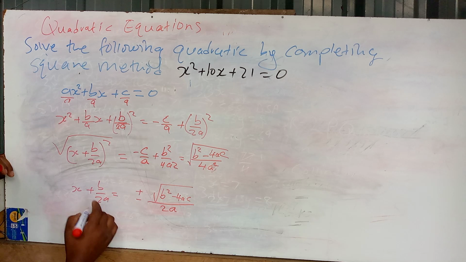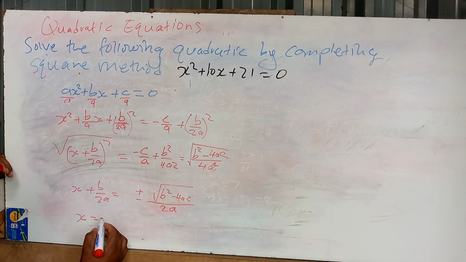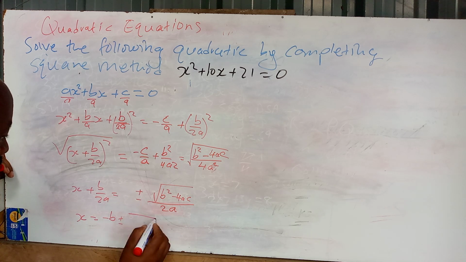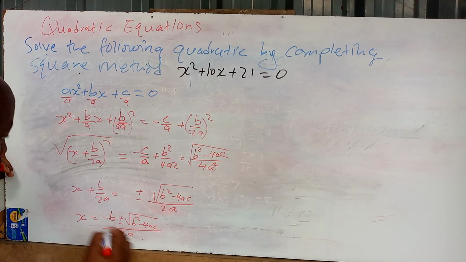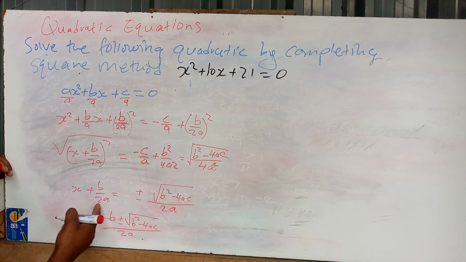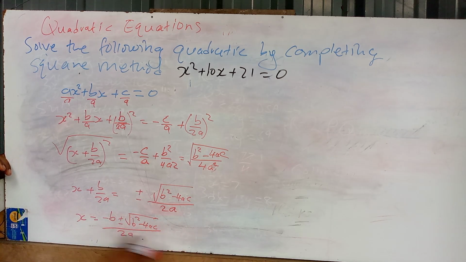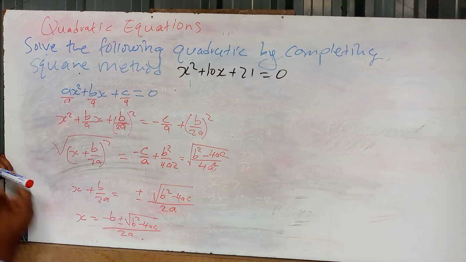X will be the same as, you take this to this side, and it is minus b plus or minus the square root of b squared minus 4ac all over 2a. Remember, we have the same base, 2a, so we can write it like this.